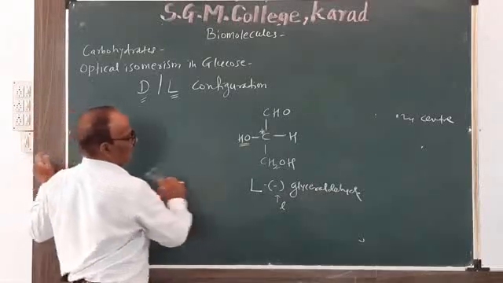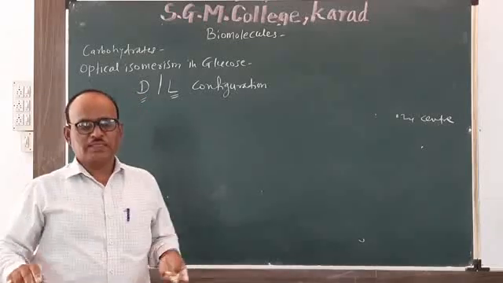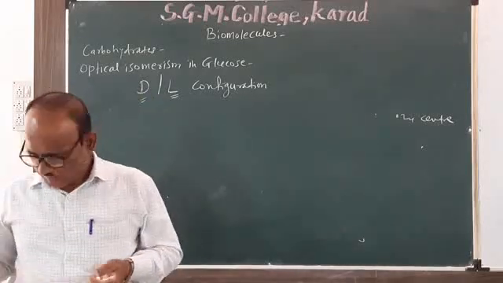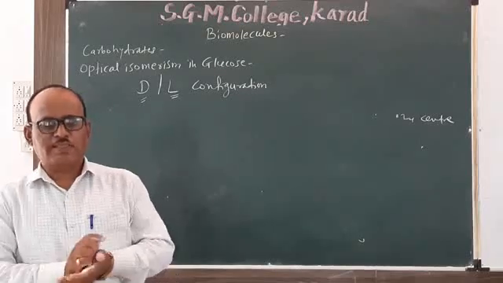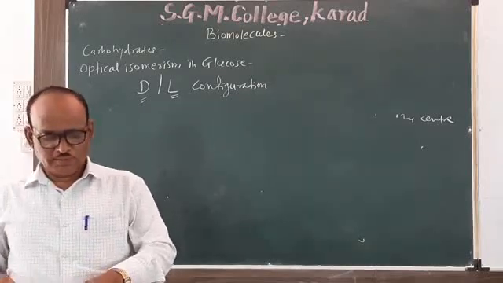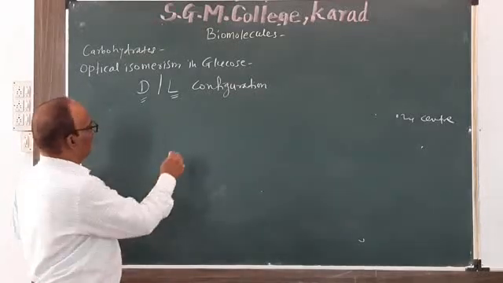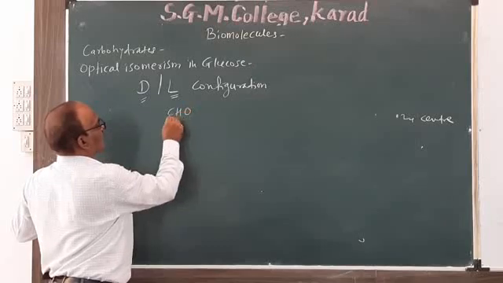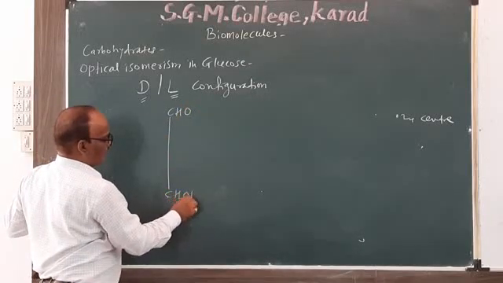Then we take an example of glucose. In glucose there are 6 carbon atoms. Out of 6 carbon atoms, 4 carbon atoms are asymmetric. So how do we draw the structure of glucose, the D structure and L structure? At the top the CHO group is present and at the bottom CH2OH.